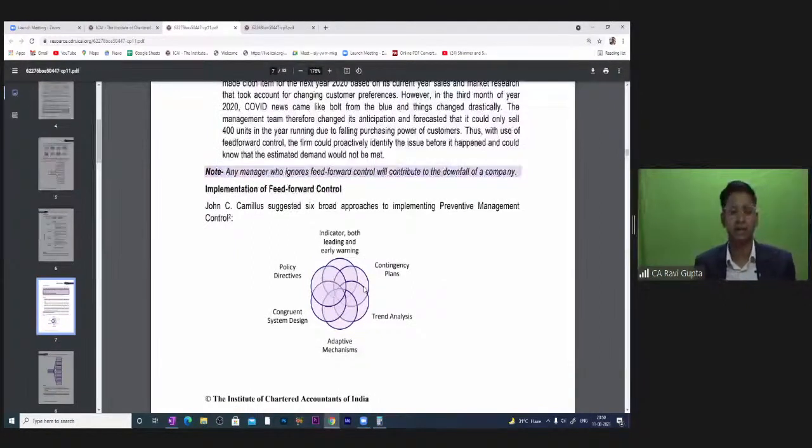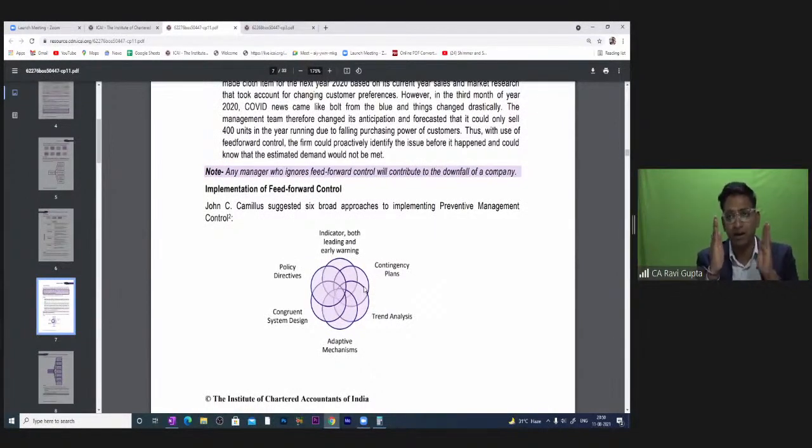Concurrent system design means there should be certain matching systems. For example, we have a goal of achieving this production system. So what is the system which supports us? Concurrent means how we will be parallel to this system.